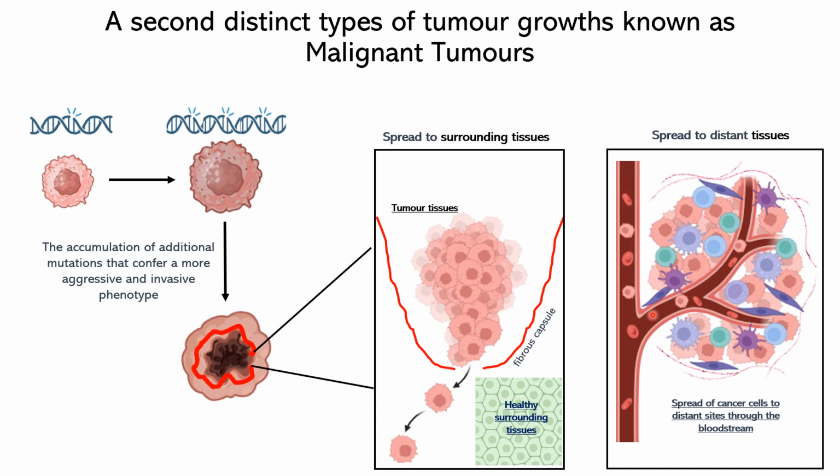For example, if this is the pancreas, they might go through the blood and go to the liver. So the patient would have cancer in 2 different organs. So in both cases, it's very dangerous, and that's why it's called a malignant tumor, and they are the most dangerous ones.